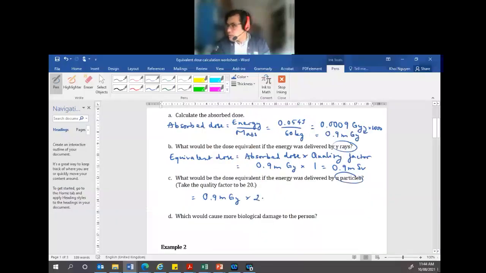So we're going to multiply this by 20, and that would give us 18 millisieverts. Sorry, not gray, sieverts. So as you can see, it's a much larger amount of dose, which would cause more biological damage to the person. So it's going to be the alpha particles.